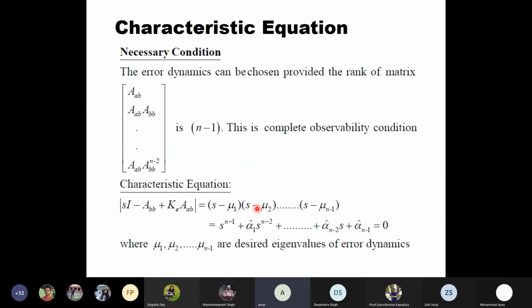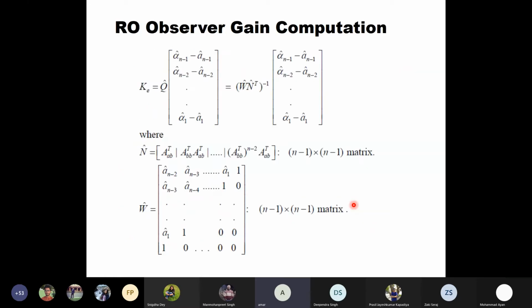So (S minus mu 1)(S minus mu 2)...(S minus mu n minus 1), from where I will get S to the power n minus 1 plus alpha 1 hat S to the power n minus 2 plus ... plus alpha n minus 2 hat S plus alpha n minus 1 hat equals 0. Once we get that, we can use either Bass-Gura formula or Ackermann's formula to calculate KE.